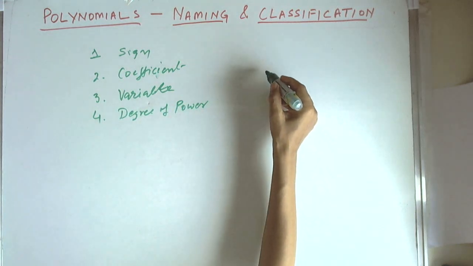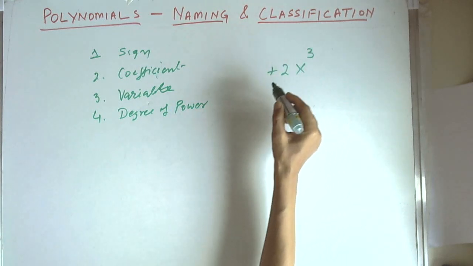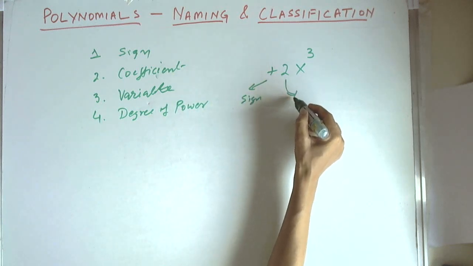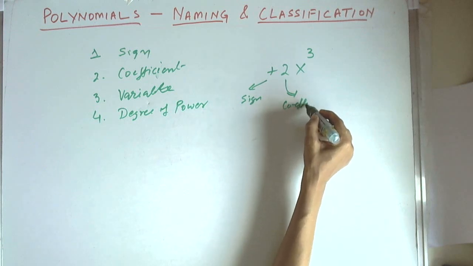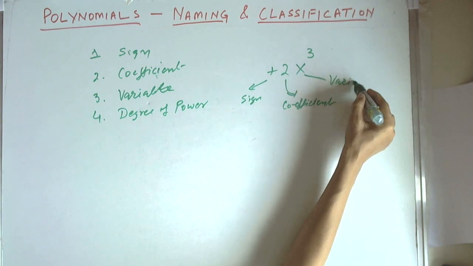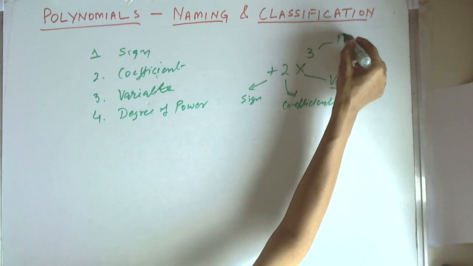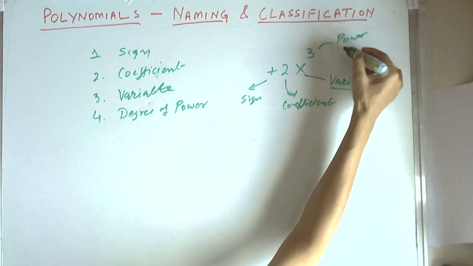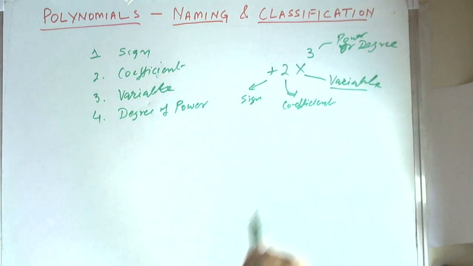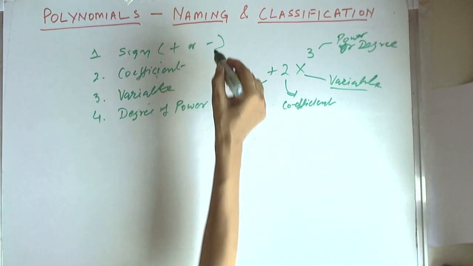Say for example, if you are saying plus 2x cube, so plus is the sign and 2 is the coefficient, x is the variable, and 3 is the power of x or degree. So sign can be only plus or minus.